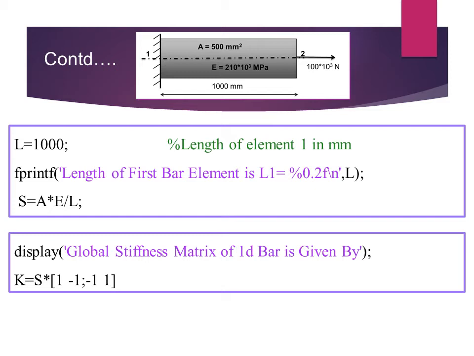So the elemental stiffness matrix itself is the global stiffness matrix, so K is equal to S, where S is equal to the variable A into E upon L. The MATLAB syntax to define the matrix is 1 space minus 1 semicolon, meaning the second row, minus 1 1, and the square bracket is completed.